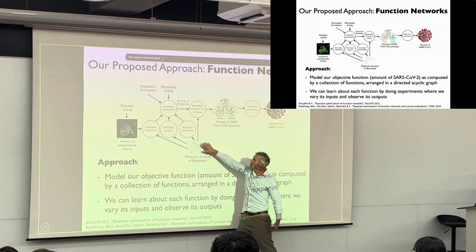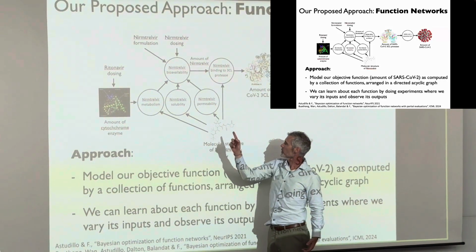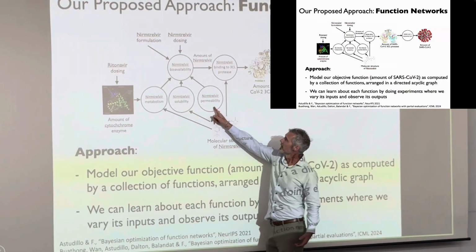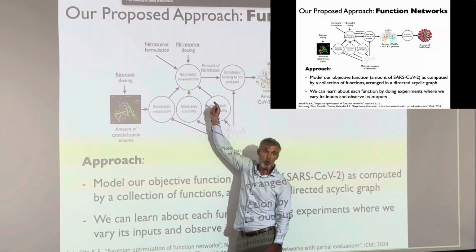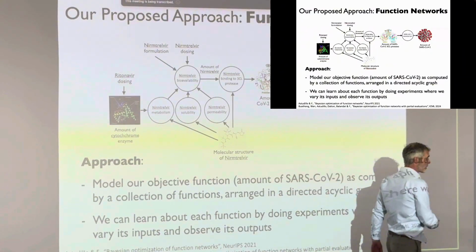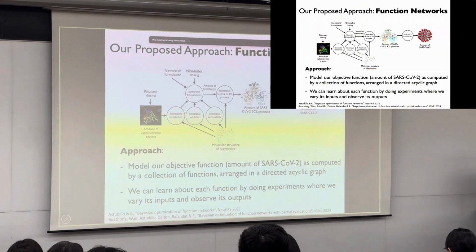So each of these circles is a function that takes some inputs, in particular this molecular structure, and then outputs a vector of numbers, in this case, how permeable cell membranes are to that particular molecule.